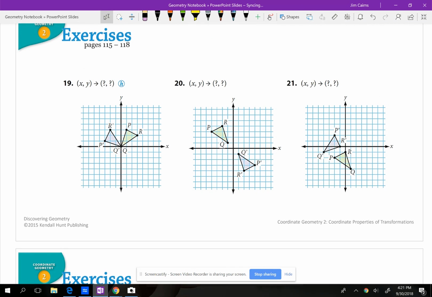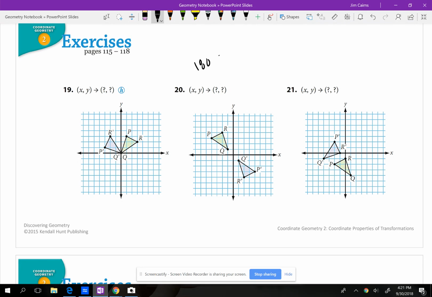For 20, looks like a rotation, 180 degrees clockwise or counterclockwise, a 180 degree rotation about the origin. And let's see how it's changing. Let's do R. Minus 2, comma, 1, 2, 3, 4.